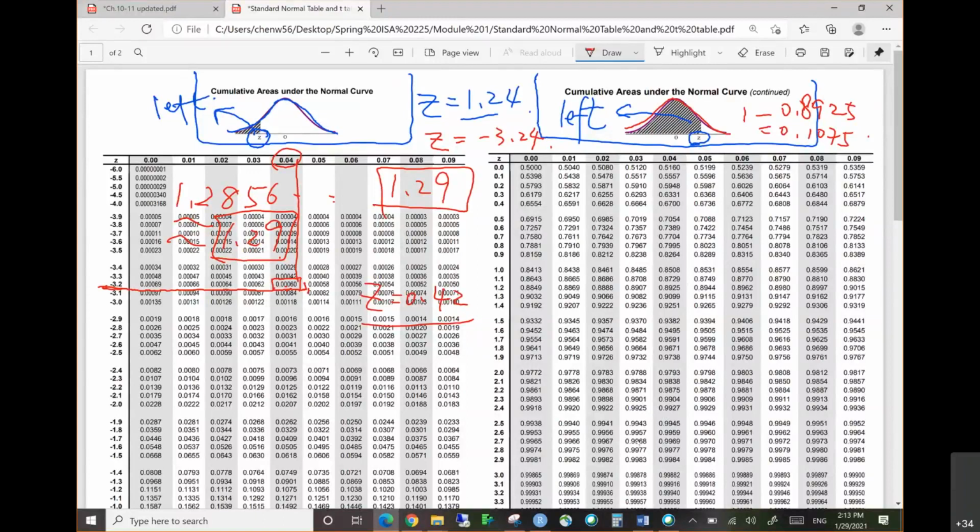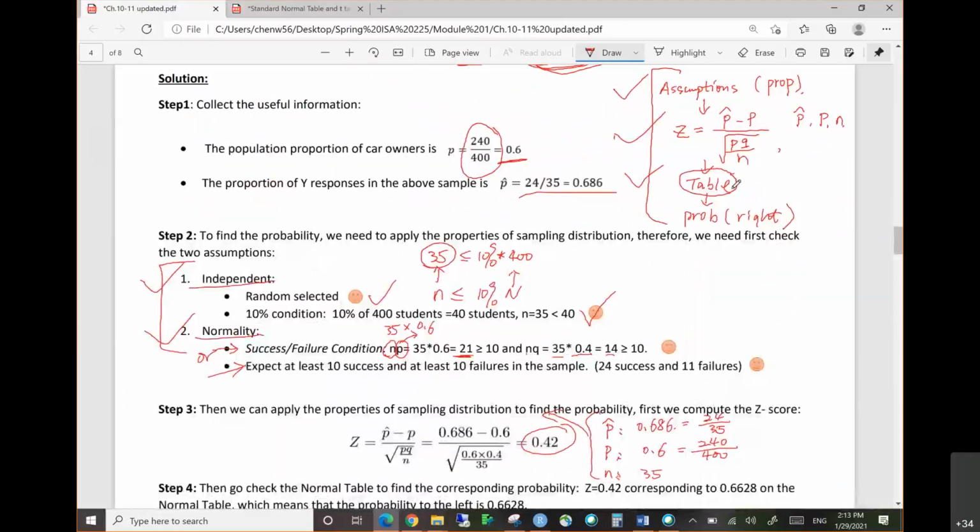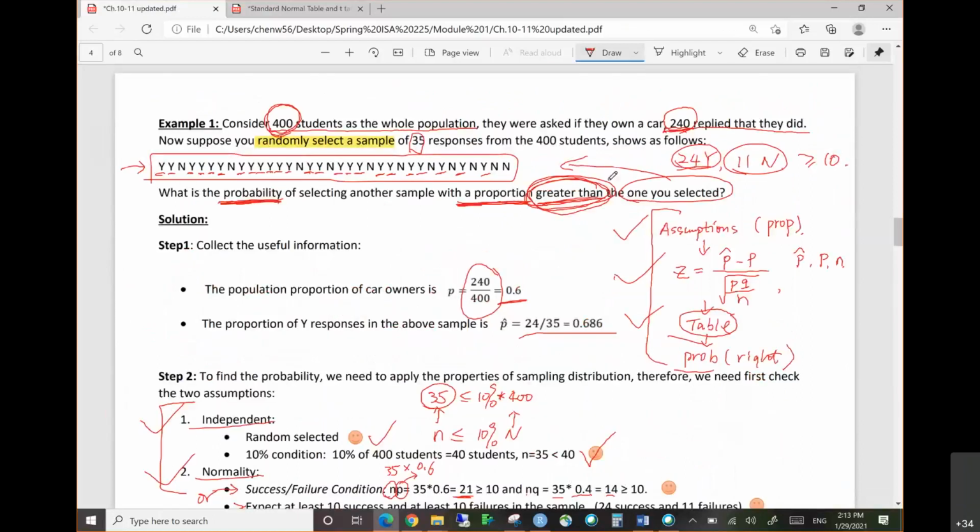Based on the standard normal table, we find 0.42, so this 0.6628 is the probability to the left of 0.42, right? Now we have the probability to the left, but remember at the beginning, we already figured out we want the probability to the right.